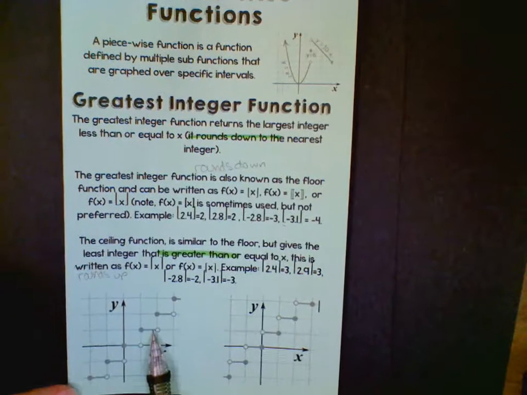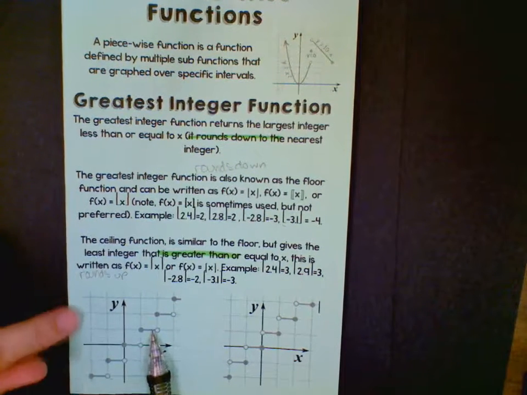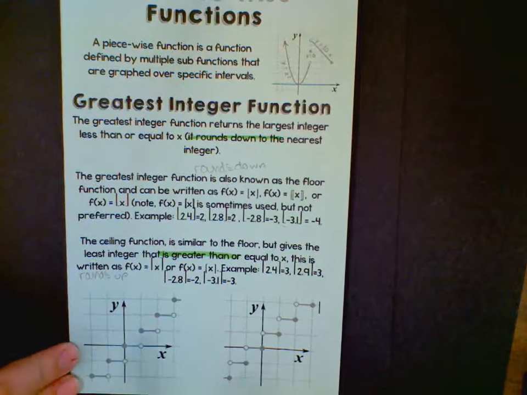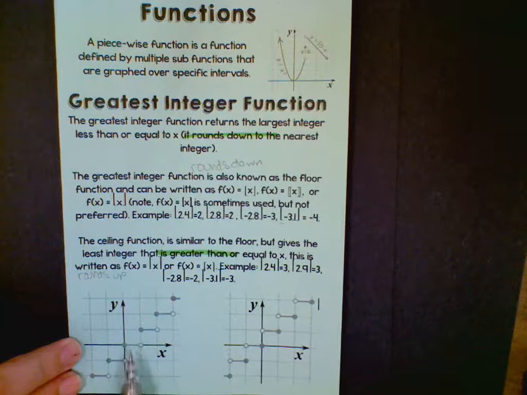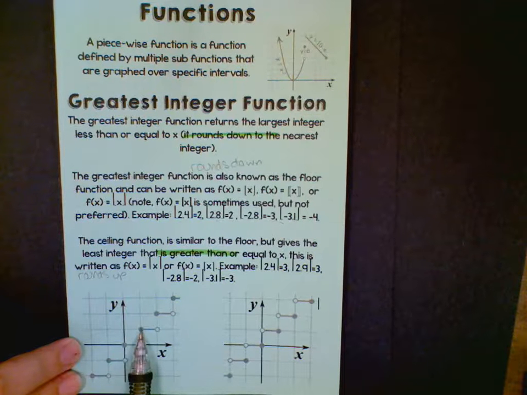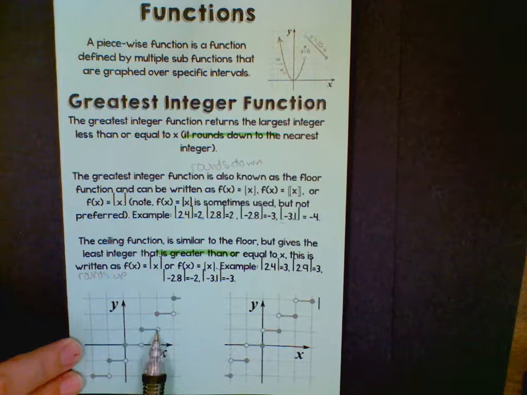Okay, so here's a picture of what the greatest integer function looks like on the graph. If we have 0.5, we're rounding down to 0, 0.9 rounding down to 0, but once we hit 1, we go up to 1, that's why it's empty. Then 1 point anything stays down at 1, once we hit 2, we go up to 2, same thing.